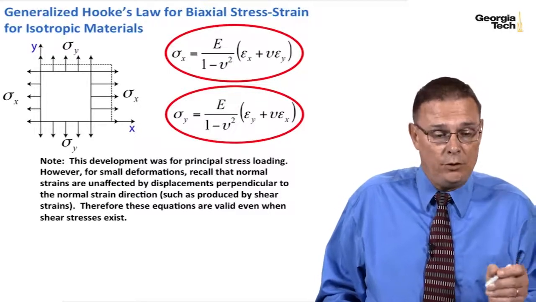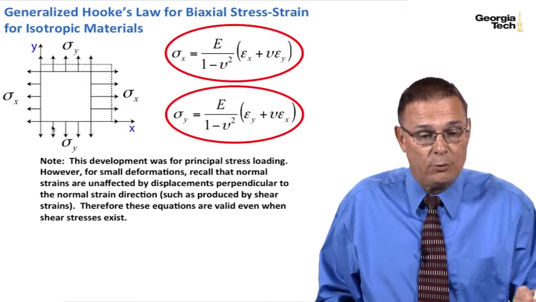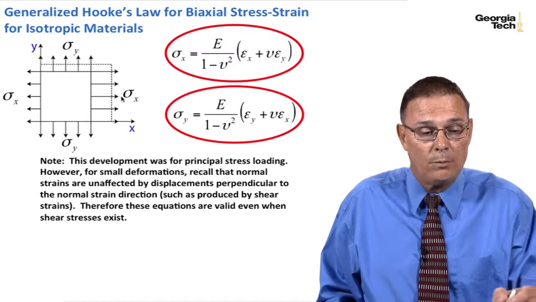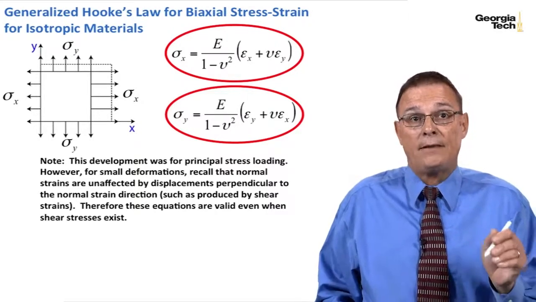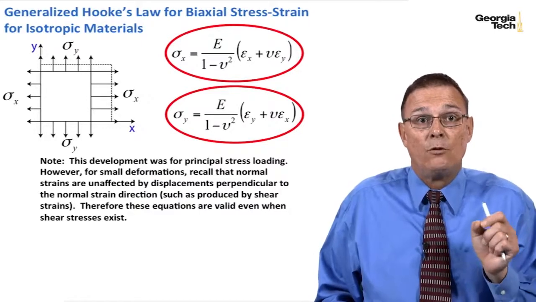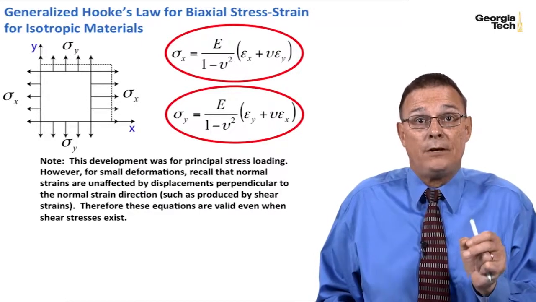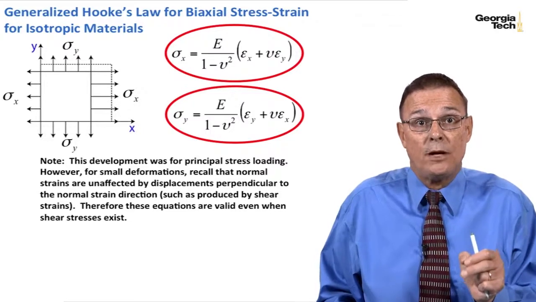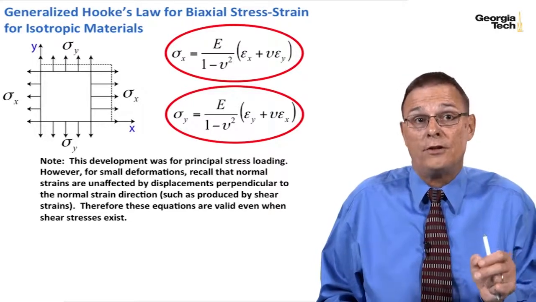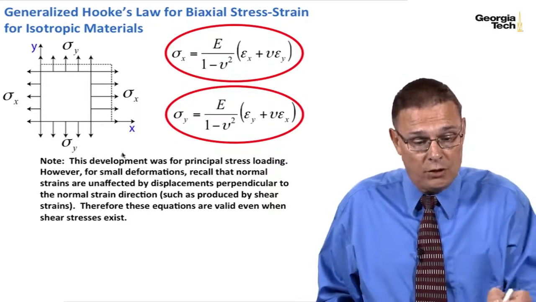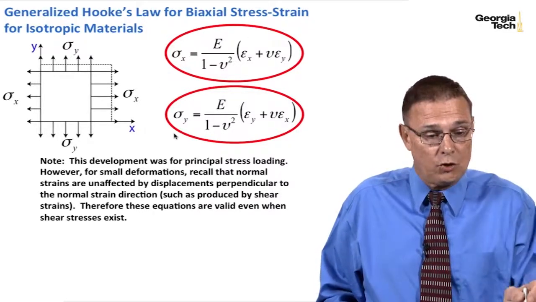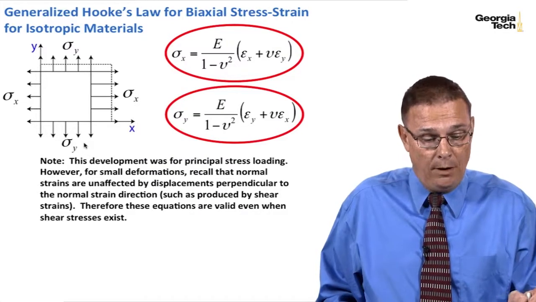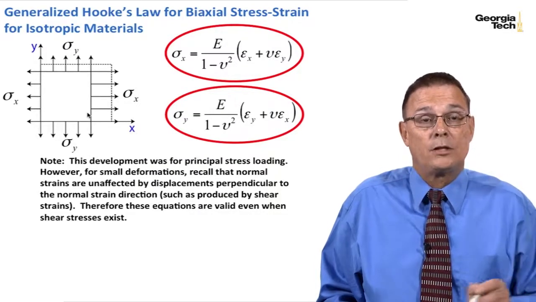This development, you'll notice I did for just principal stress loading with only normal stresses in the x and the y direction. However, you'll recall back that for small deformations, normal strains are unaffected by displacements perpendicular to the normal strains, such as those produced by shear strains. And so therefore, these equations that I've developed are equally valid even when shear stresses exist on my stress block.